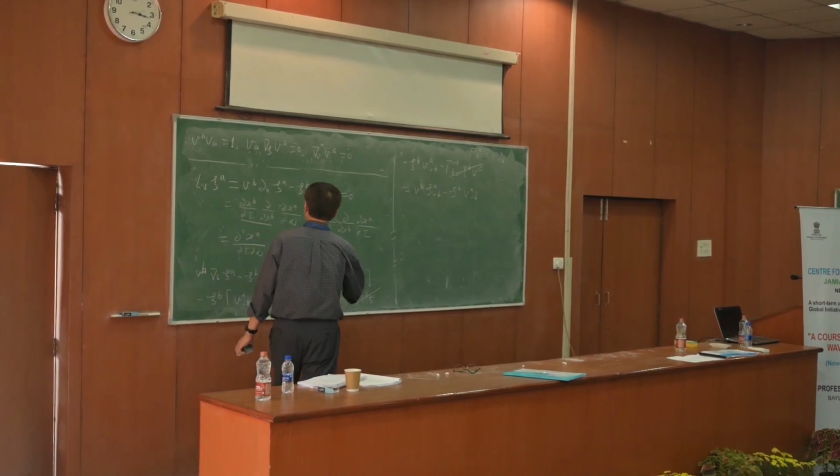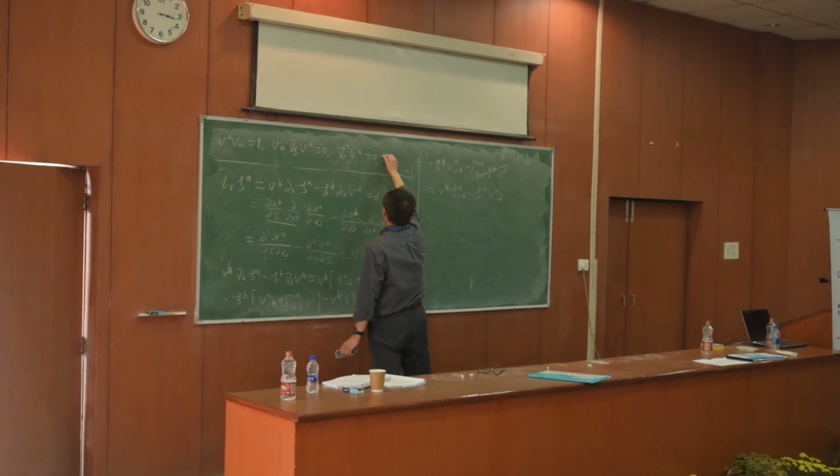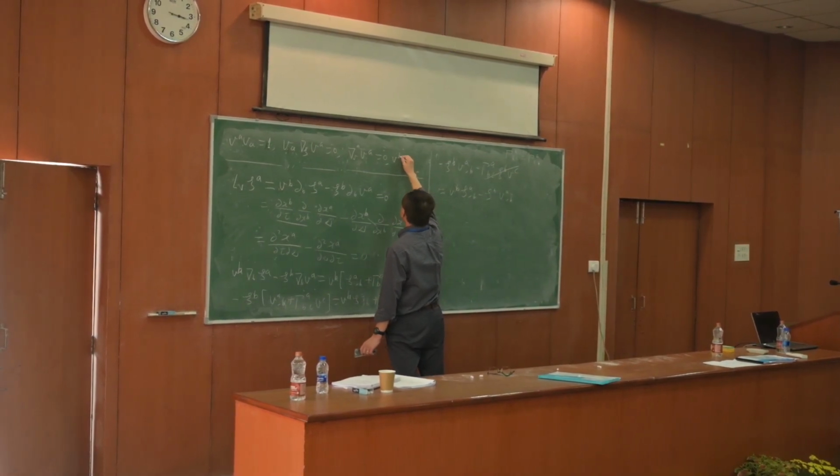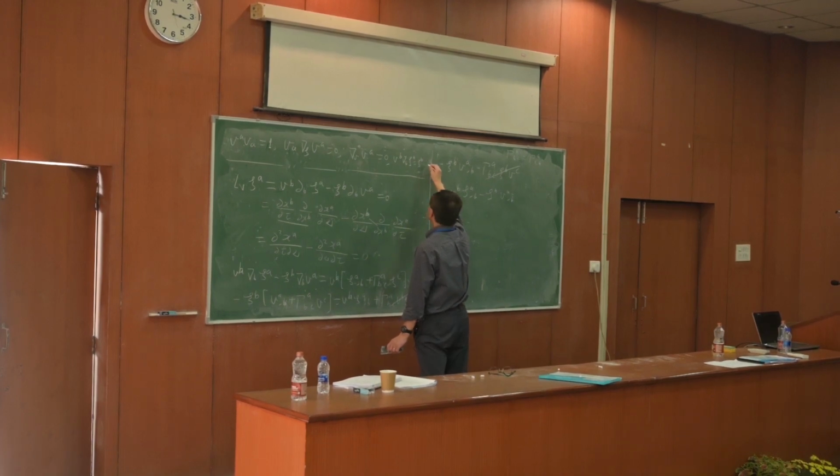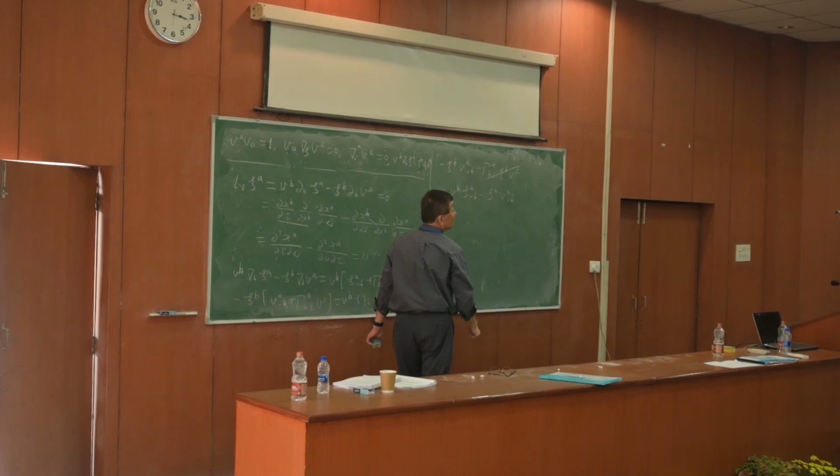So they are equal, which means this guy is equal to this one, right? So I get another relation. V, B, so A equal, so B, B, correct?